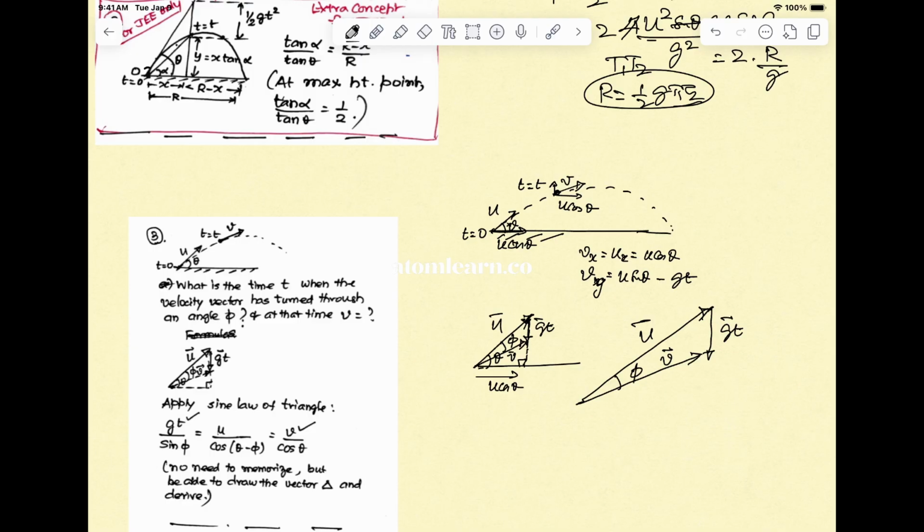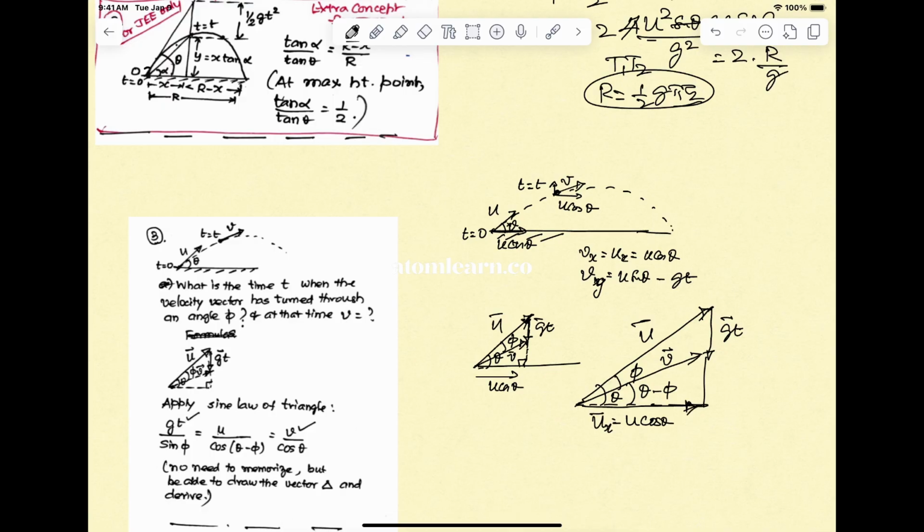That means the initial velocity vector u has turned down through an angle phi. The original angle of projection is theta, so this angle is theta minus the turned angle phi. This vector is the horizontal component, u cos theta, let us call it the ux vector.